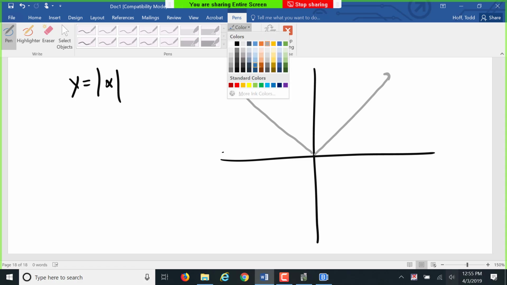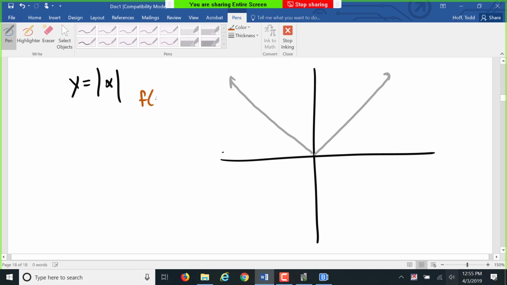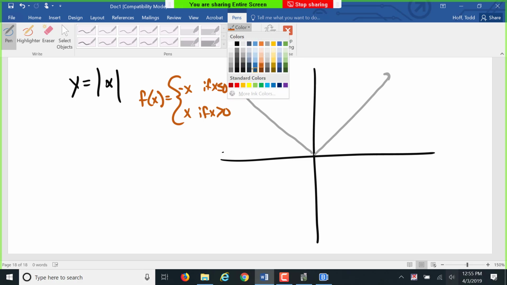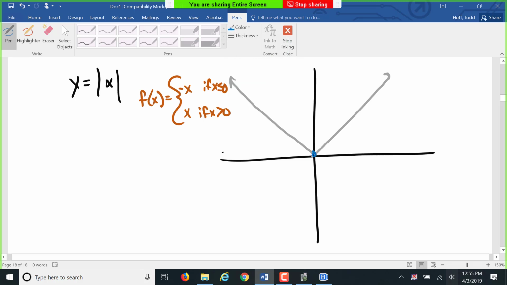It would be f of x equals negative x if x is less than or equal to 0, and x if x is greater than 0. We got those two lines. The point of that V, again, the vertex of the graph, is at the origin.